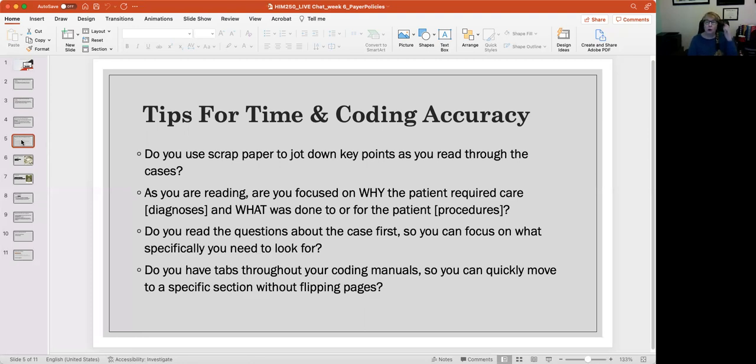As you're reading, remember in your head, diagnosis codes explain why the patient required care. So we know that when you have a confirmed diagnosis, that's the diagnosis. If you do not have a confirmed diagnosis and they're going for tests, then you know you're looking for signs and symptoms.